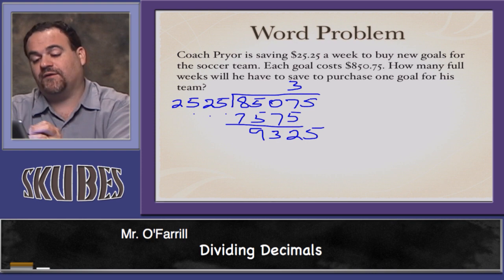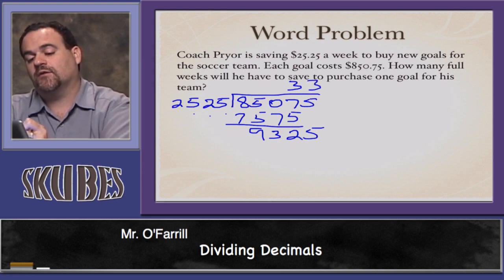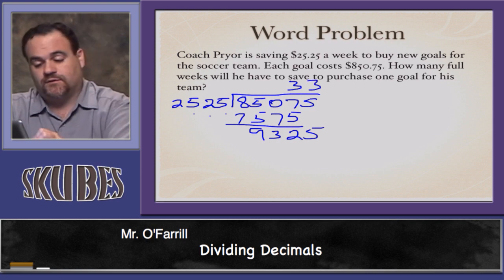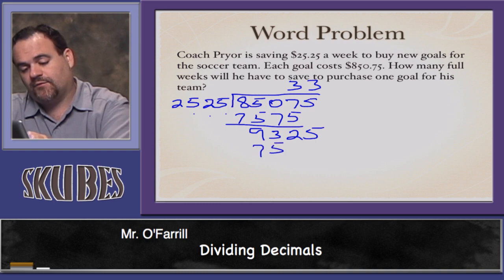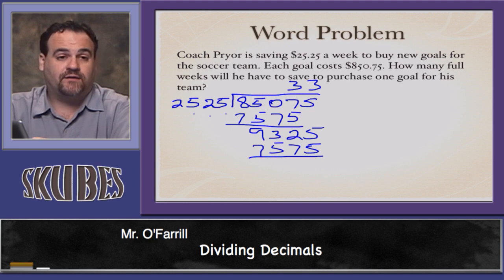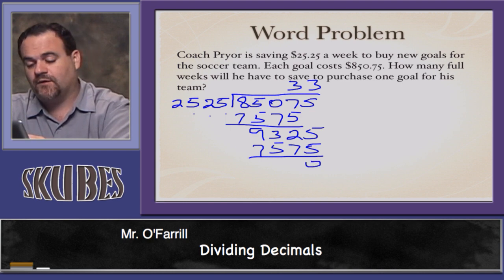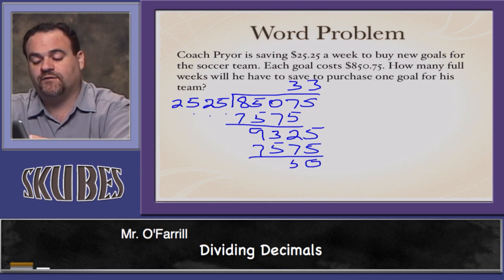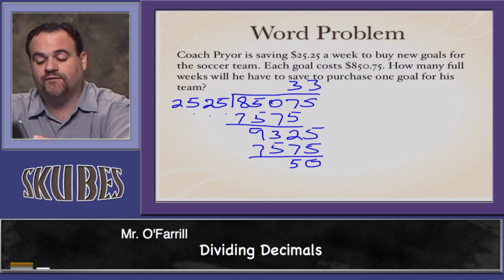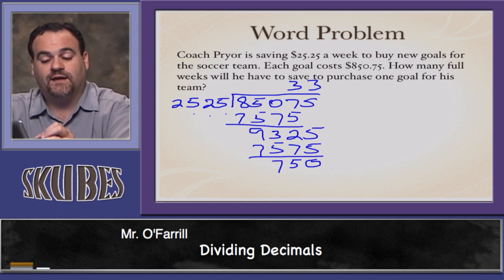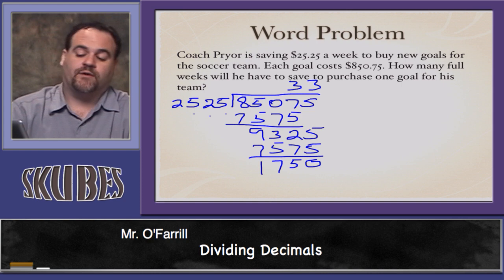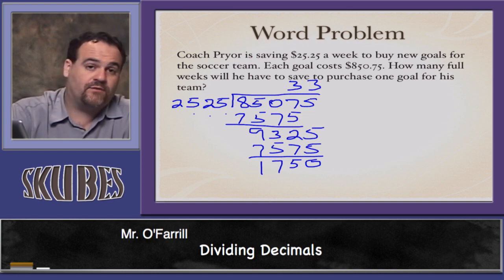So we're only going to be able to fit 3 more in there. So we're going to do 75, 75, and subtract it. 5 minus 5 is 0. 12 minus 7 is 5. 12 minus 5 is 7. And 8 minus 7 is 1. We have 1,750.